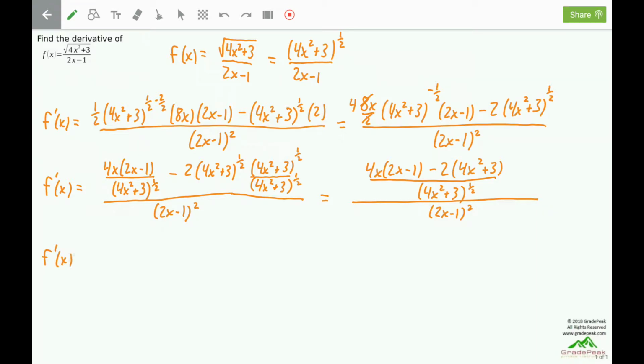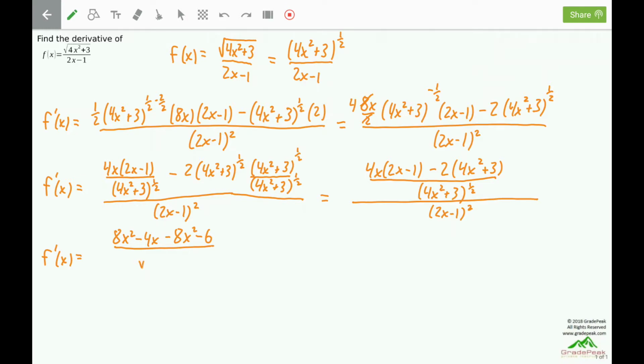So f prime of x will equal, now let's distribute the 4x in here. We will have 8x squared minus 4x, and we'll distribute the minus 2 into here, minus 8x squared minus 6, all over 4x squared plus 3 to the 1/2.